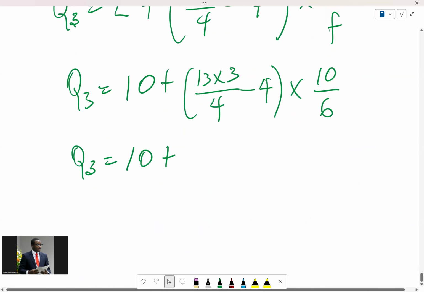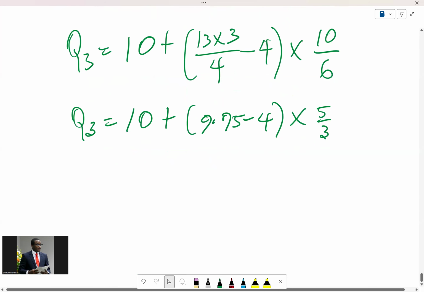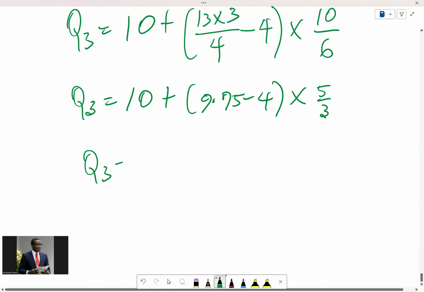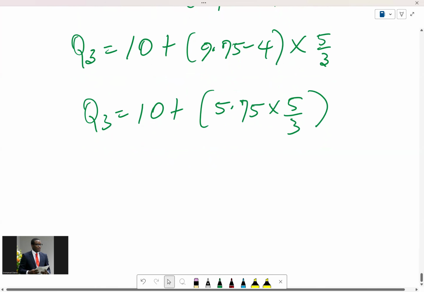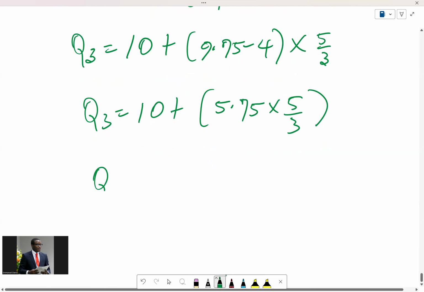So this is 9.75 minus 4, times 10 over 6. 10 over 6 is the same thing as 5 over 3, I believe. Then Q3 is 10 plus 5.75 times 5 over 3.